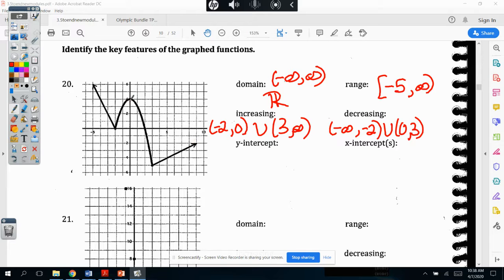The y-intercept is right here at 0, 4. And then the x-intercepts. There's an x-intercept here at -2, 0. There is one here at 2, 0. And there's actually one more. This guy will touch the x-axis again.